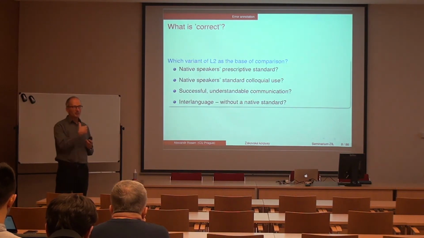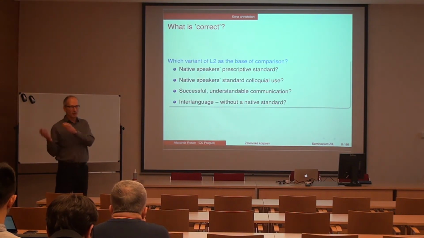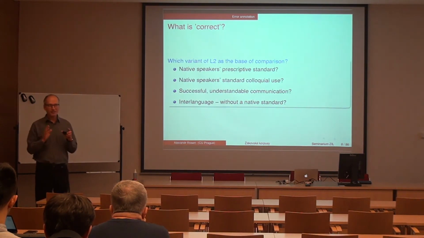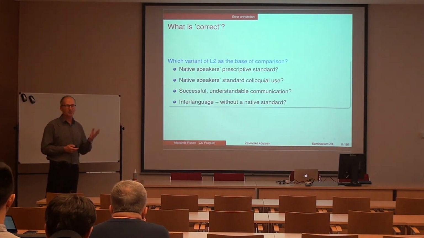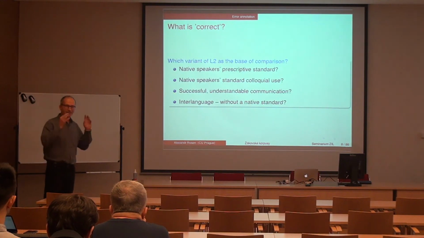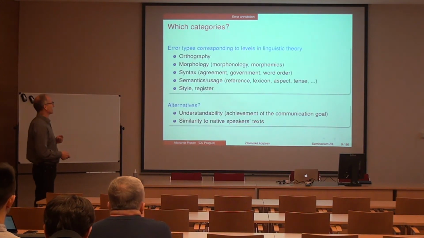Maybe people share that language among themselves, and of course it develops as the people are more fluent, and maybe you are interested in that language, and maybe the whole issue of identifying errors is a wrong way. Maybe you really want to investigate that language, how it develops, but it's quite tricky, and not really many people pursue this path, assuming this interlanguage. So these are theoretical things.